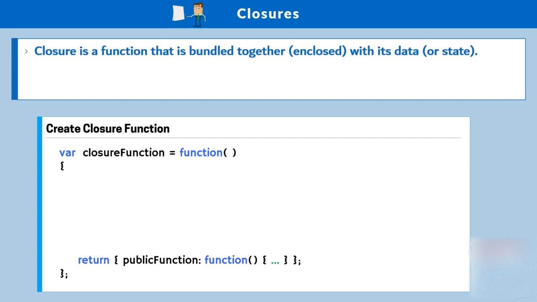But sometimes in real-world applications, you might have more than one function that manipulates or shares the same amount of data. For example, in the bank example, let's say we have one function for deposit and another function for withdraw. So in this case, both functions want to share the same data, that is current account balance.